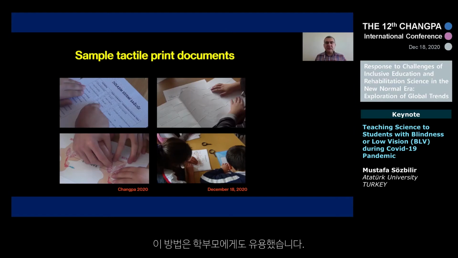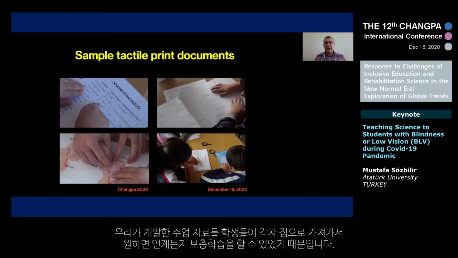This was also helpful for the parents as well, because we developed these instructional materials for each individual student, and the students were able to take these materials home to study extra whenever they want in their houses.